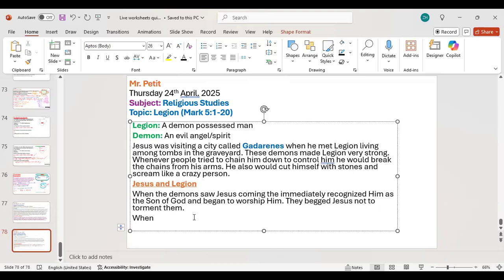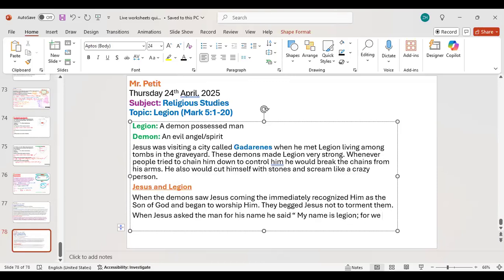When Jesus asked the man for his name, he said, "My name is Legion." Or Mob, depending on the version. "For we are many," in the KJV.